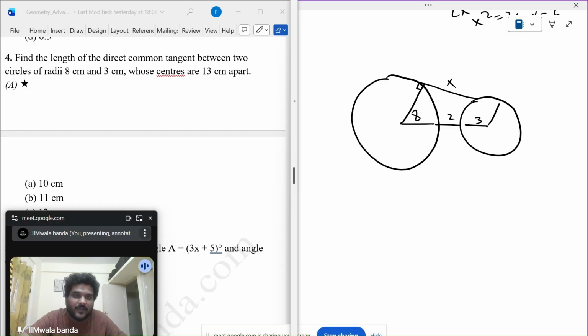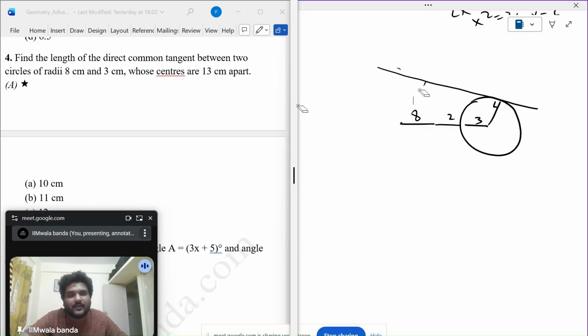I know that it will make 90 degrees to both these circles, right? If you look at it, the perpendicular will be like this. Drawing the diagram becomes important in geometry because sometimes you can visualize things only by making correct figures.